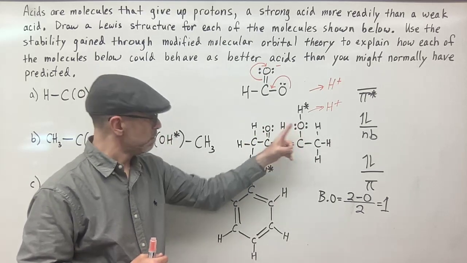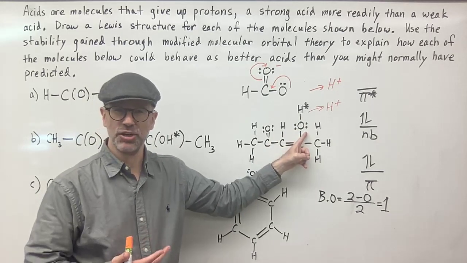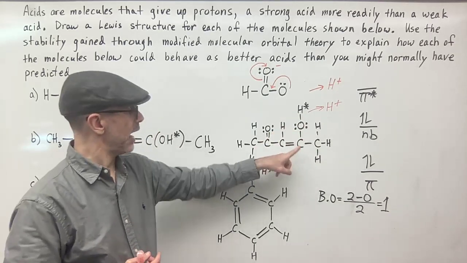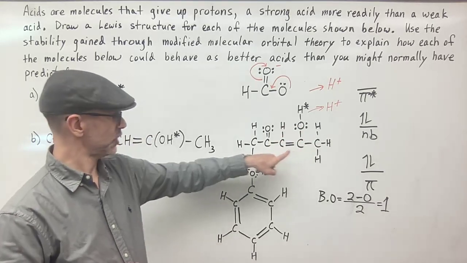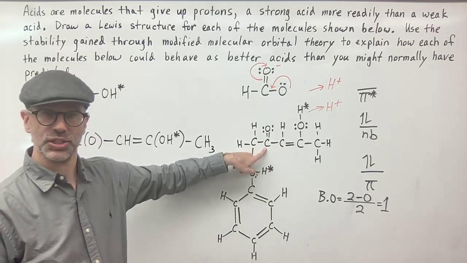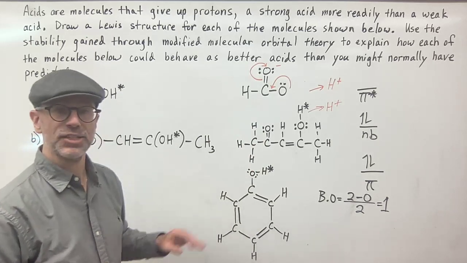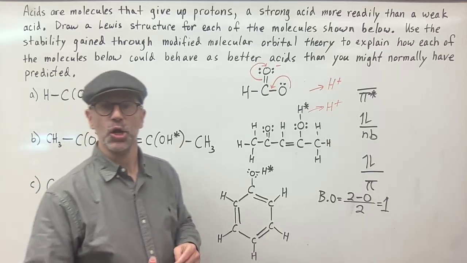And again, that's going to lead to this having sp2 character or trigonal planar structure. And so you can see that this carbon has sp2 hybridization, this carbon has sp2 hybridization, this carbon has sp2 hybridization, and this oxygen has sp2 hybridization. And so they all have an unhybridized p orbital, right?